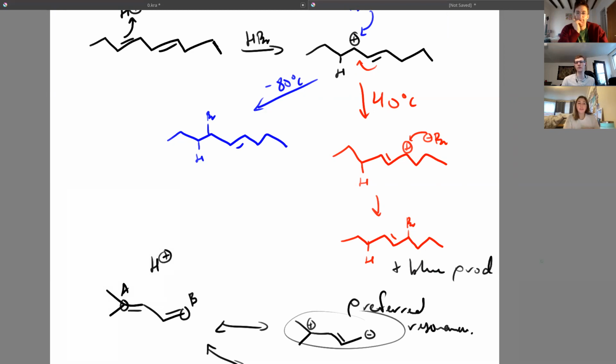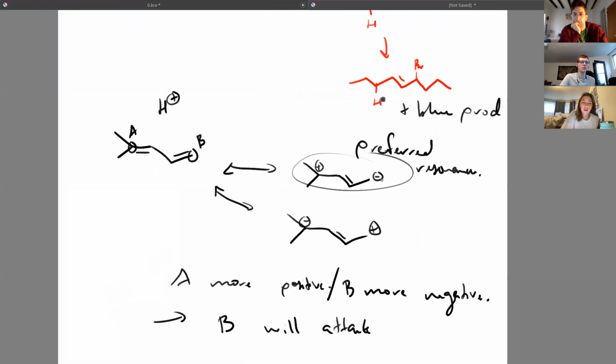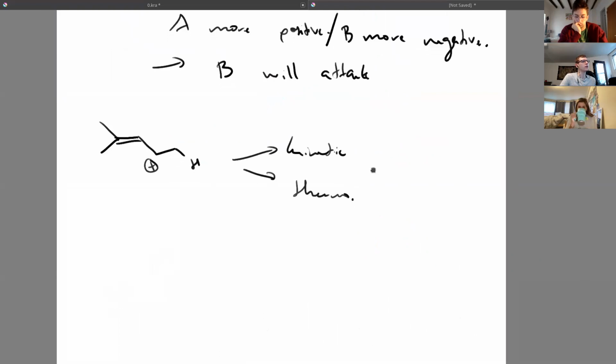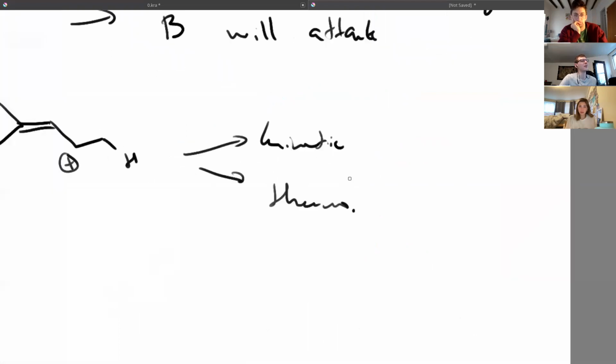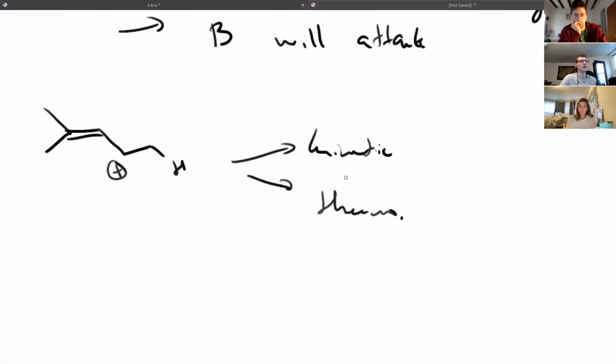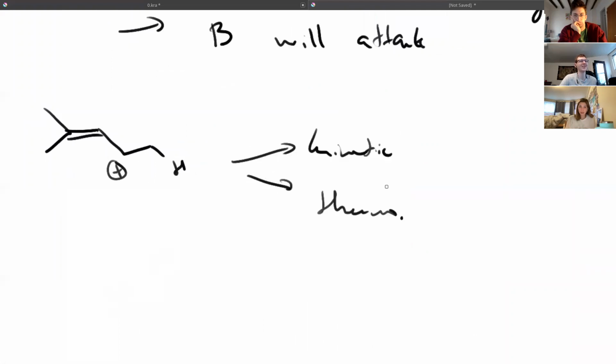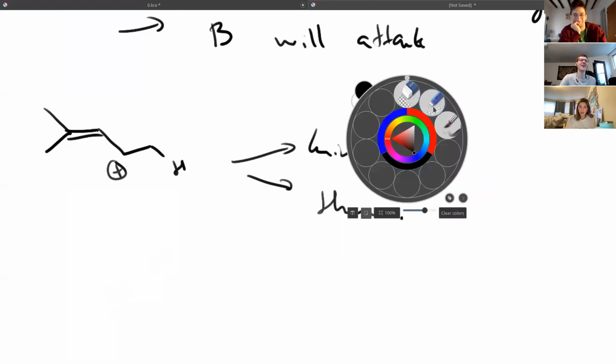For the last example of the one with carbon A and carbon B, can you draw the final products? Yeah, I can. Yeah, so in this case, oh, okay, this one also gets complicated. Maybe this is why I shouldn't come up with examples on the spot.